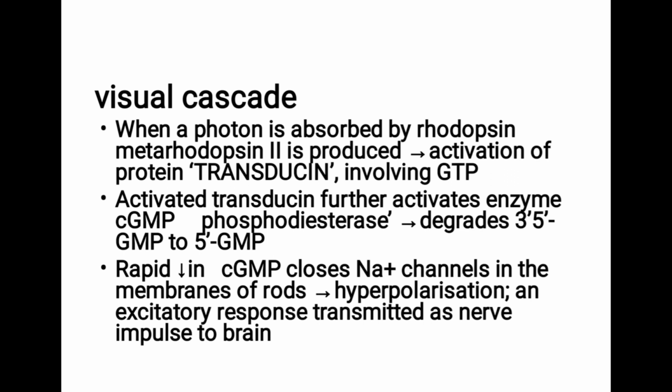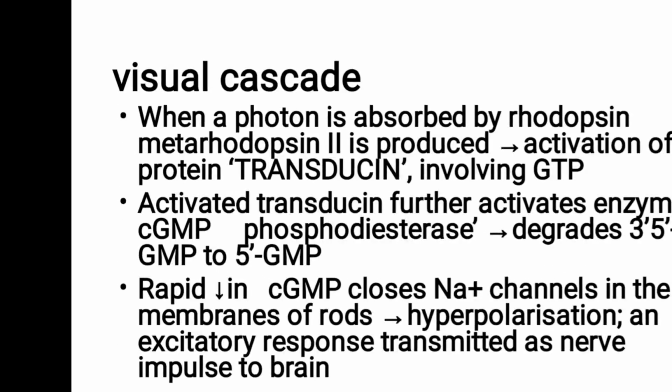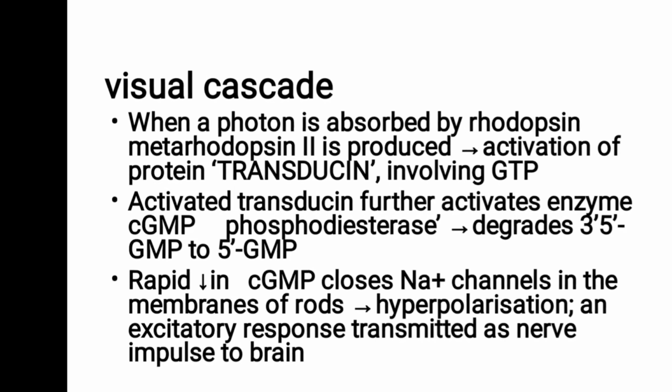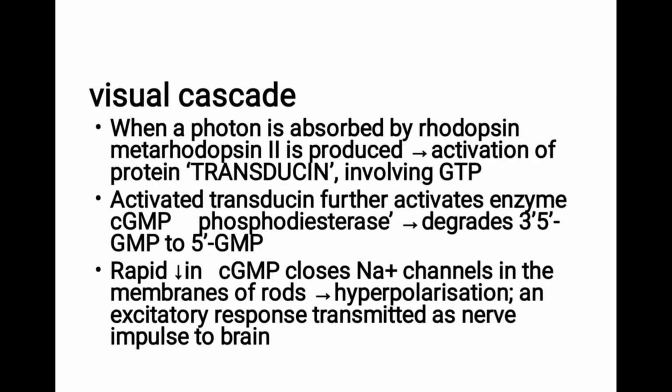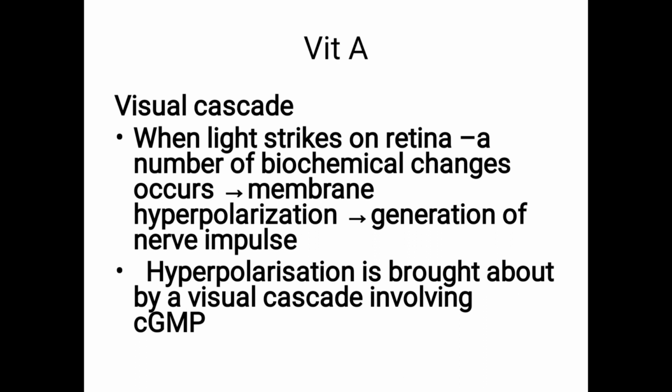No need to worry too much about the details. There is a rapid decrease in cyclic GMP, which closes sodium channels in the membranes of the rod, leading to hyperpolarization and an excitatory response transmitted as a nerve impulse to the brain. This is what we call the visual cascade.